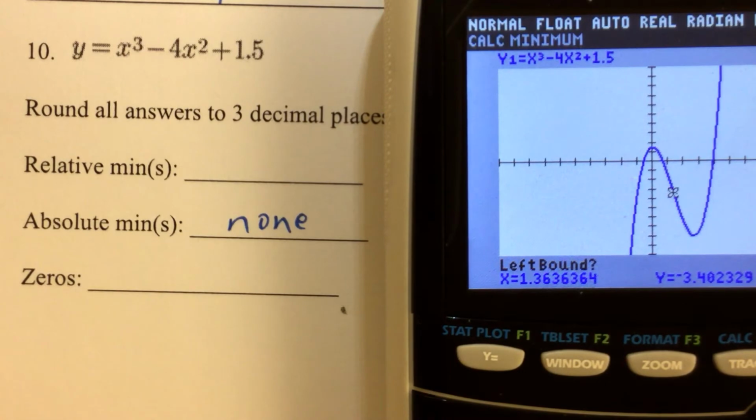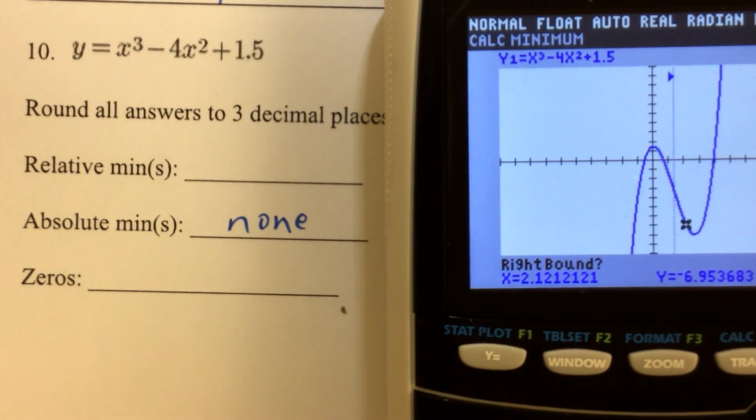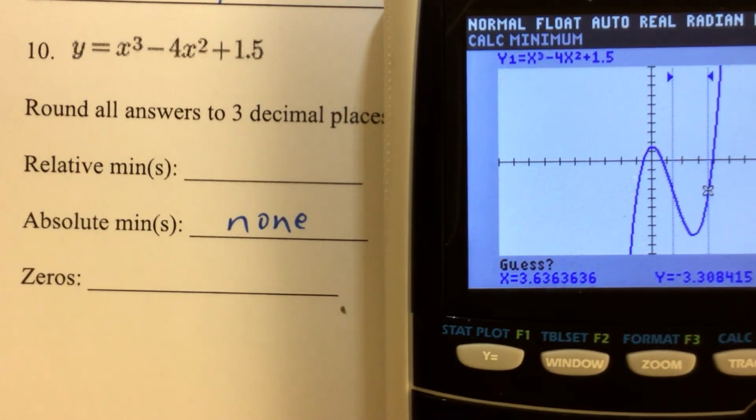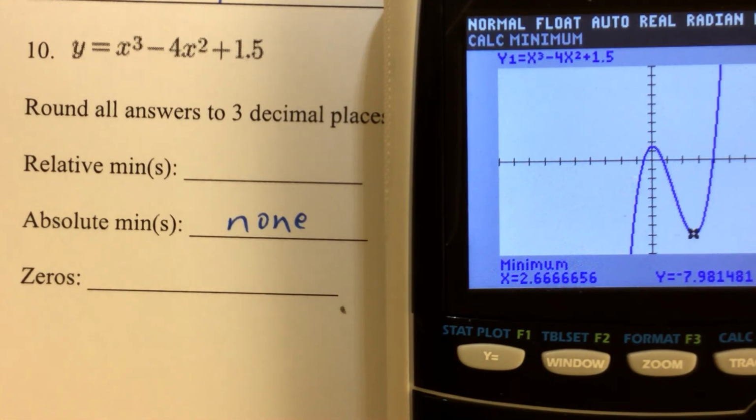Once we get the cursor to the left of that low point, we hit enter, and then it's asking us for a right bound. So we move the cursor somewhere to the right of that low point and hit enter again, and all we have to do is move the cursor somewhere in between the two vertical lines and hit enter for our guess.